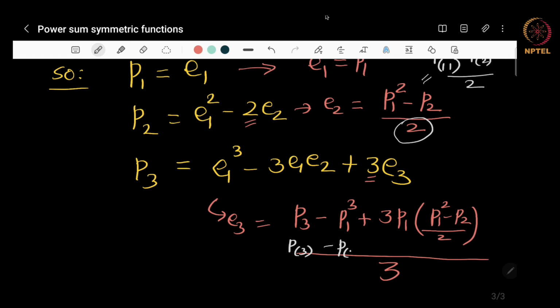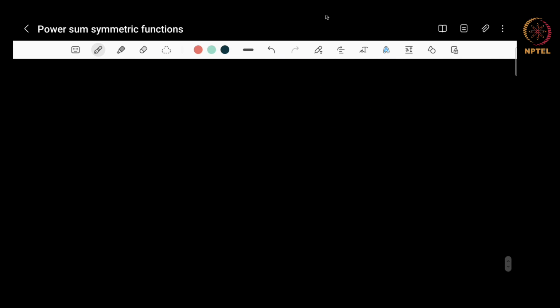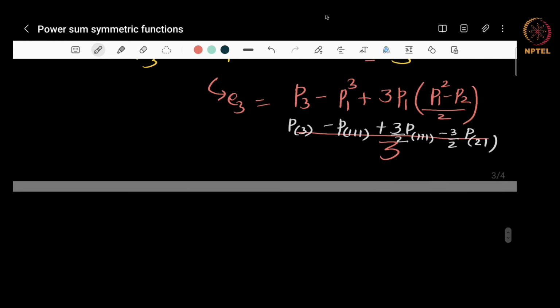P1 cubed is P corresponding to the partition 1 1 1, and then we get two terms: 3 by 2 P1 P2, so that's minus 3 by 2 times P corresponding to the partition 2 1. So I've just rewritten these very same terms in the numerator in terms of partitions. This is a linear combination of the P lambdas. This is a repetition of the arguments that we gave when we wrote H in terms of E's or E in terms of H's.